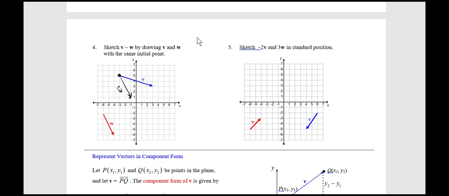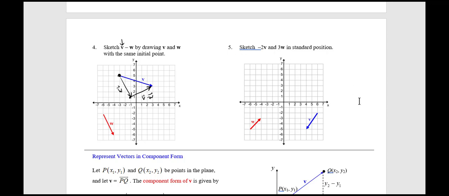That's my vector w. And if we want v minus w, we talked about how to do this. We remember that the difference vector always connects the tips. If we draw them tail to tail, it connects the tips of the two vectors, and it points toward the first one, toward the positive vector. From here, toward the positive vector, the v vector. So this is v minus w.